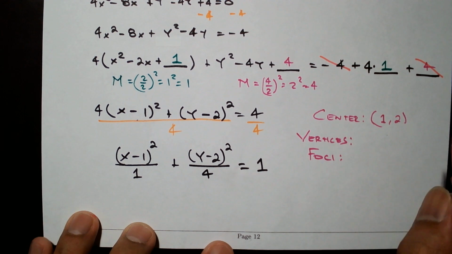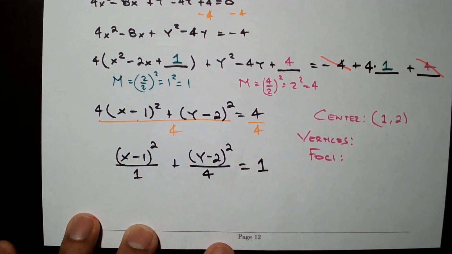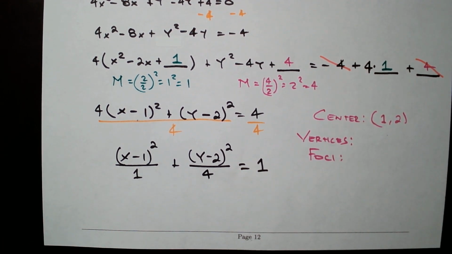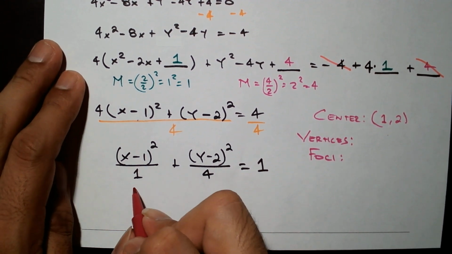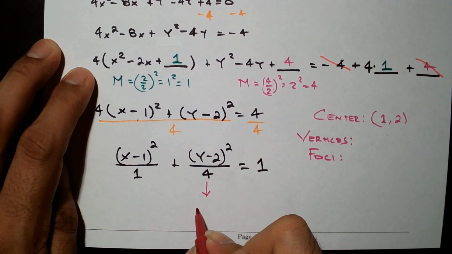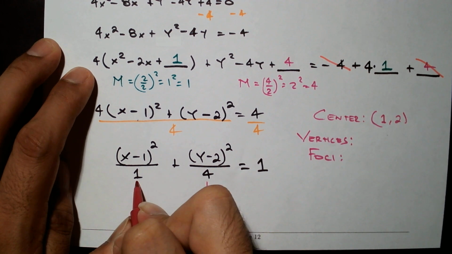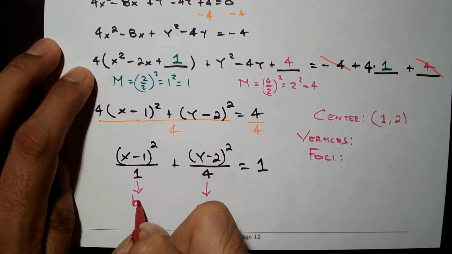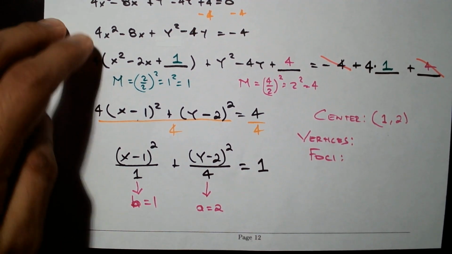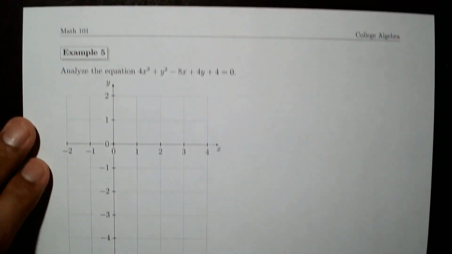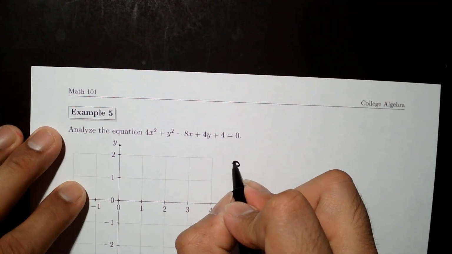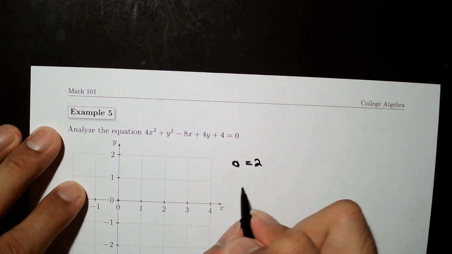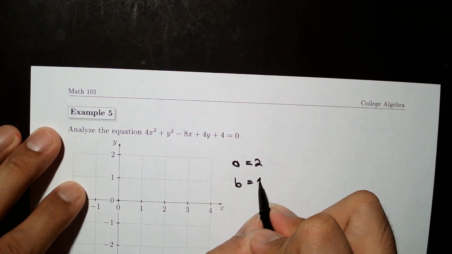I'll figure it out. Okay, so vertices we don't know. We will find out. So from here, A equals 2, and from there, B equals 1. Okay, let me list A and B above. So A equals 2 and B equals 1.